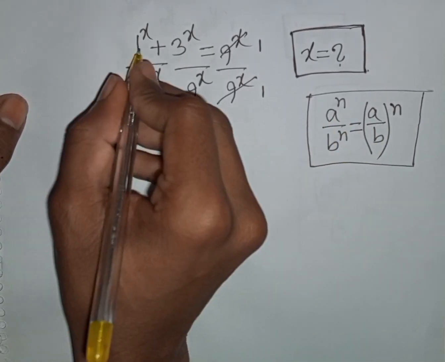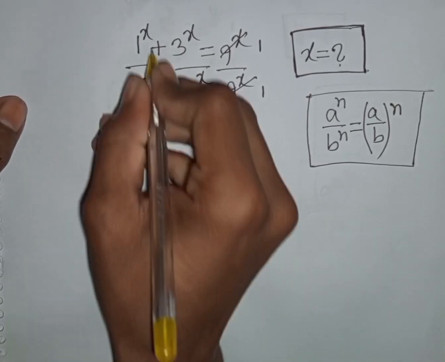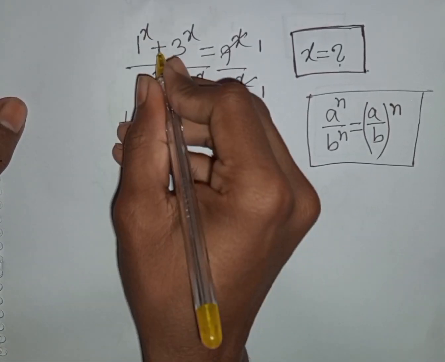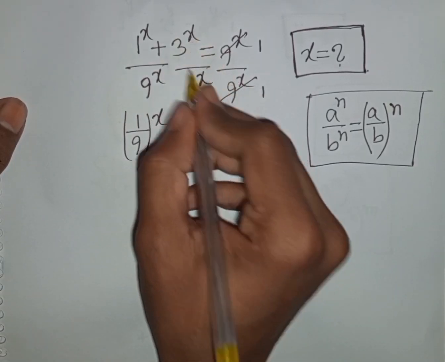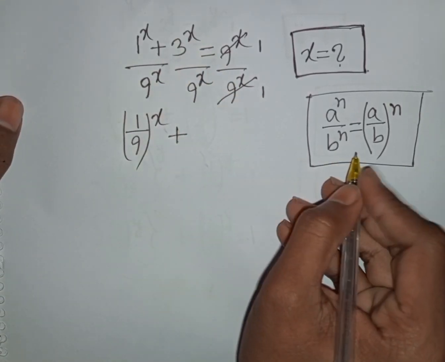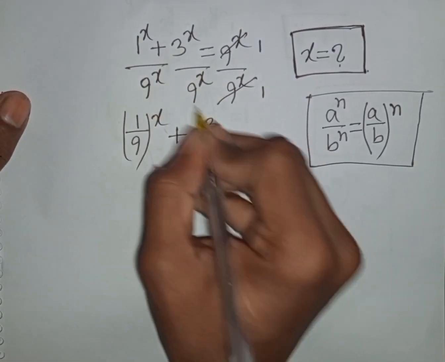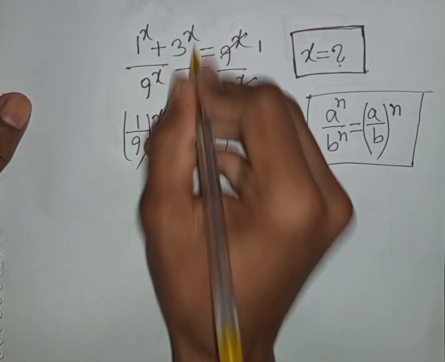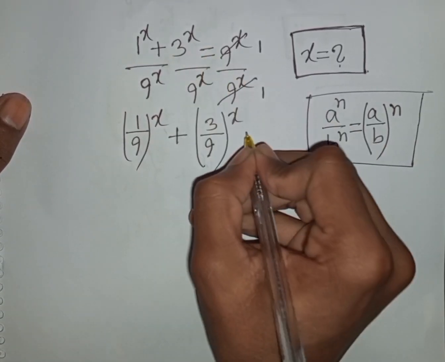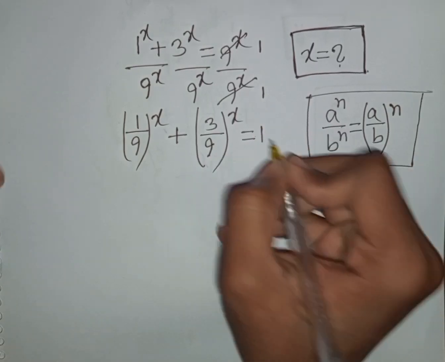So we can write here 1 over 9, bracket common power x, plus, again x same power but different base, so according to this exponential rule we can write 3 over 9, bracket common power x, is equal to 1 divided by 1, that means it will be 1.